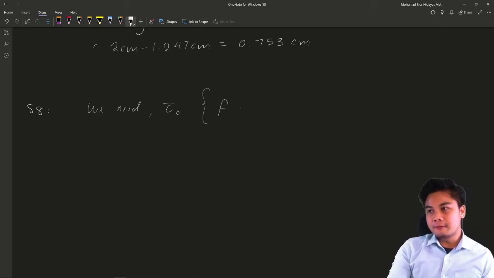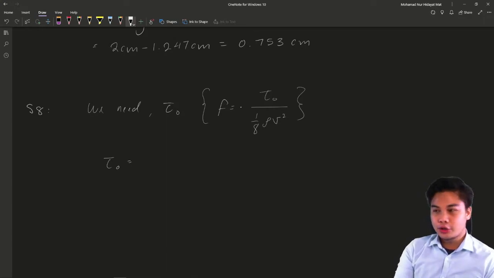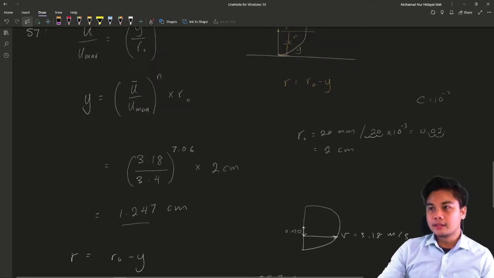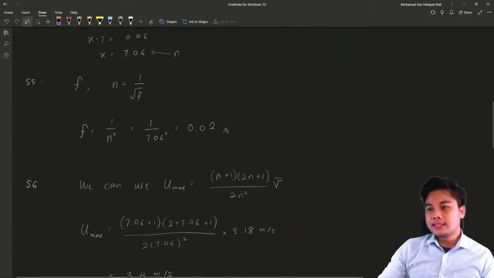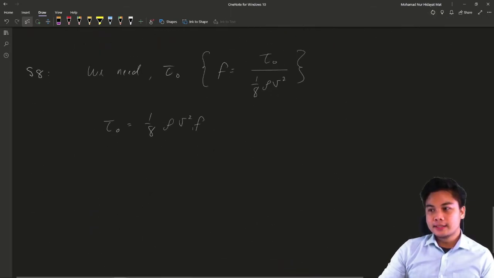Remember our friction factor is tau naught over 1 over 8 rho v squared. So we rearrange to make tau naught the subject: tau naught equals 1 over 8 rho v squared times the friction factor. From here we discover that the friction factor is 0.02.